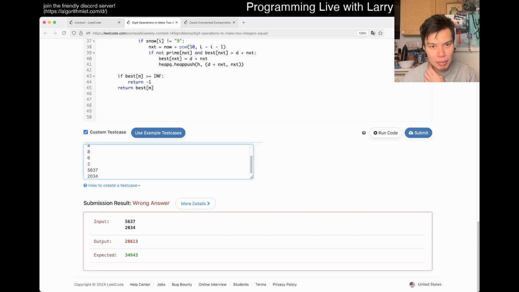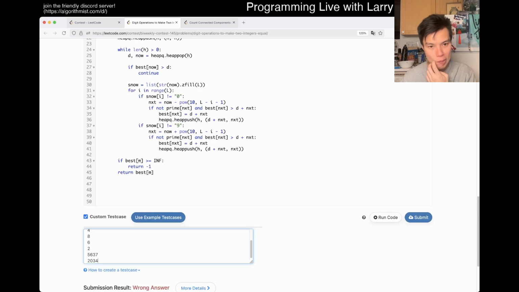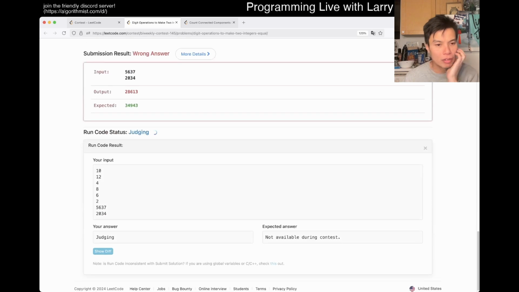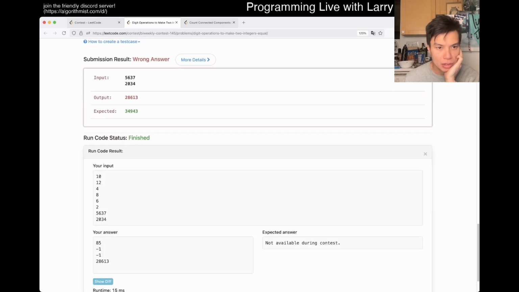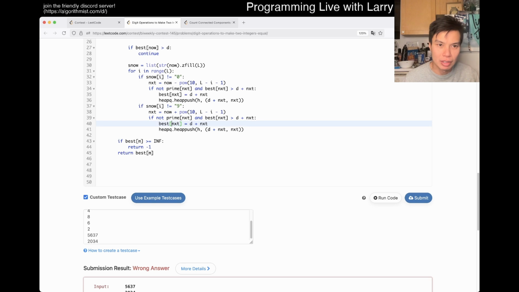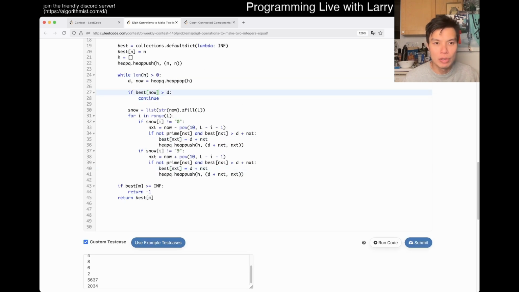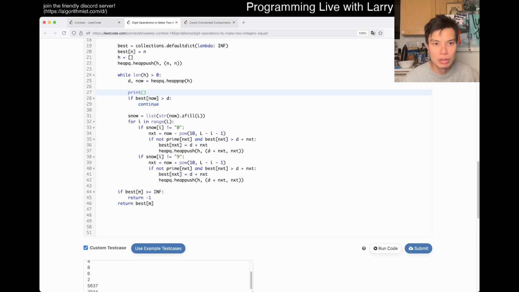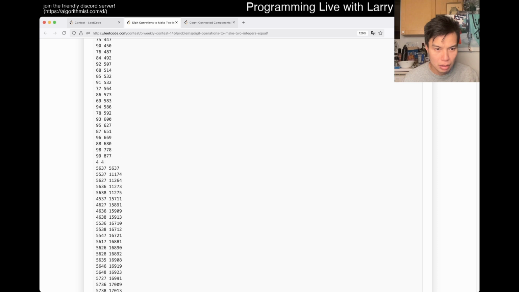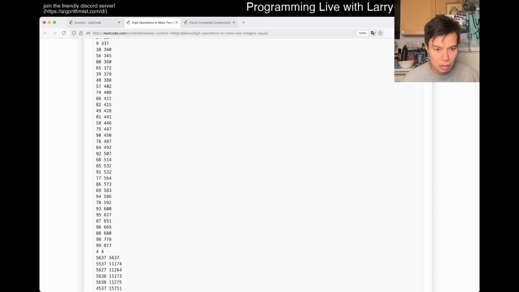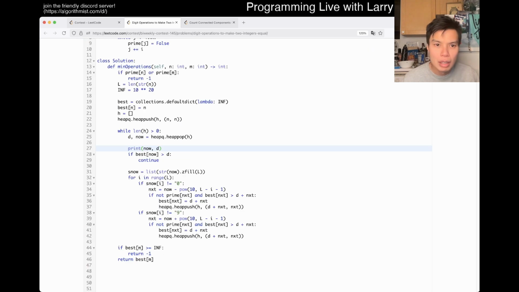Oof. Did I mess something up? I mean, clearly. How does this work? I mean, this seems like it's a few steps away, right? So, oh no. Oh no, oh no, oh no. How did I even get something like this wrong? It's just regular dice roll, right? Am I misreading?